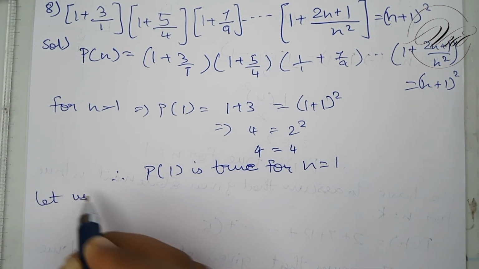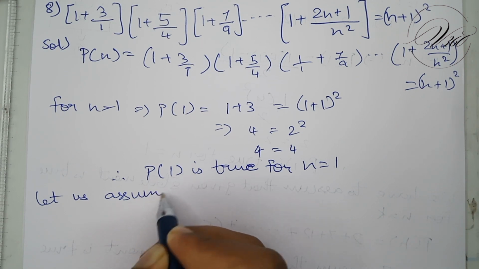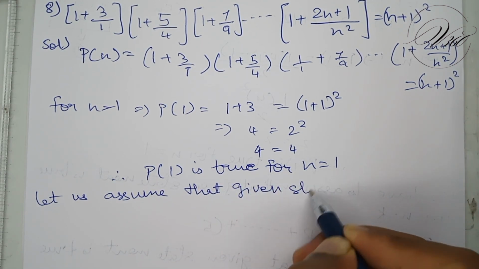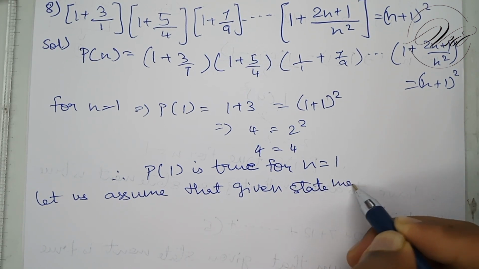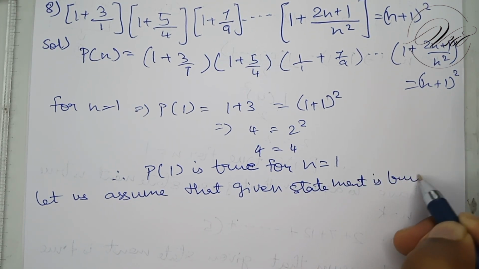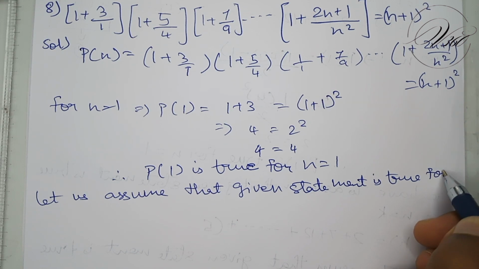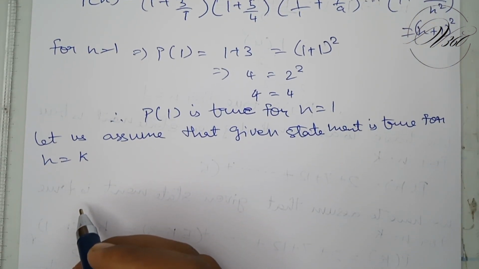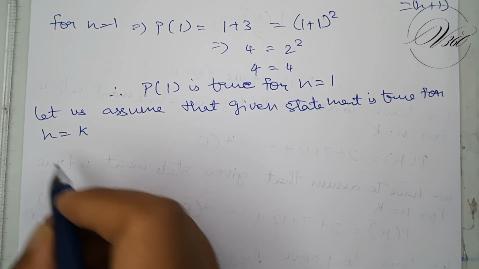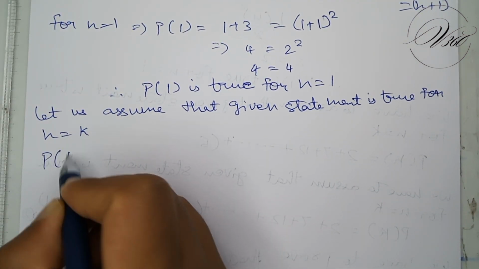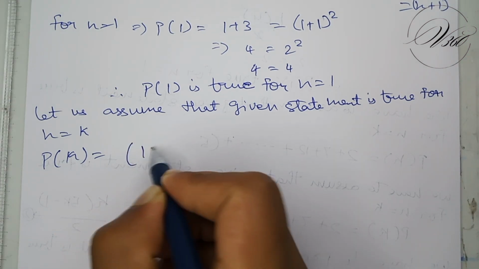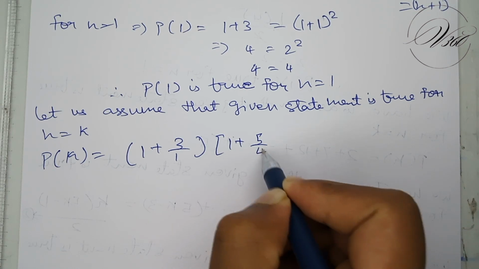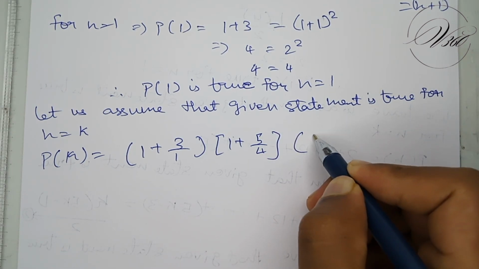Let us assume that the given statement is true for n equals k. Okay, now here P(k) is equal to (1 plus 3/1)(1 plus 5/4).